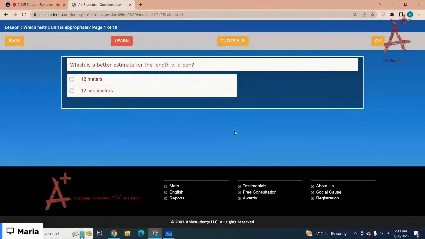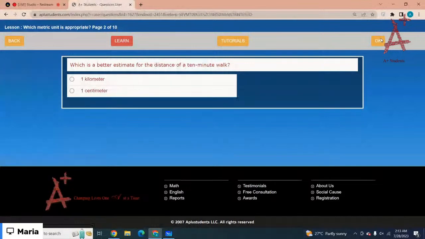The correct option is 12 centimeters, because 12 meters is too big for the length of a pen, right? Very good. The correct option is 12 centimeters. No, 12 centimeters it is, not meters.